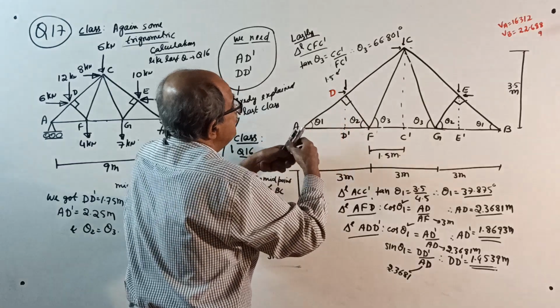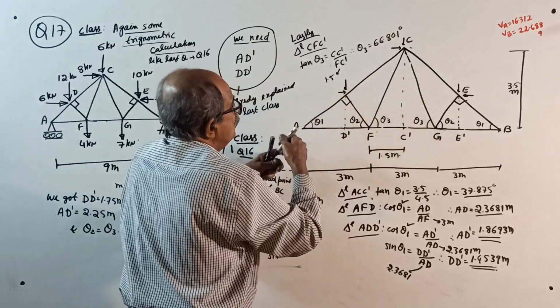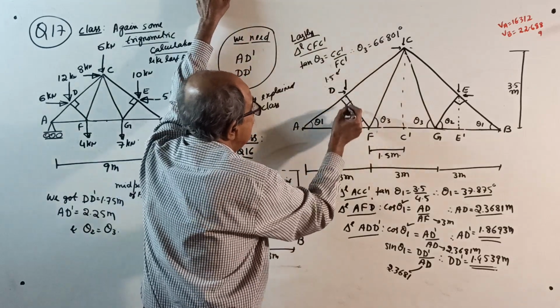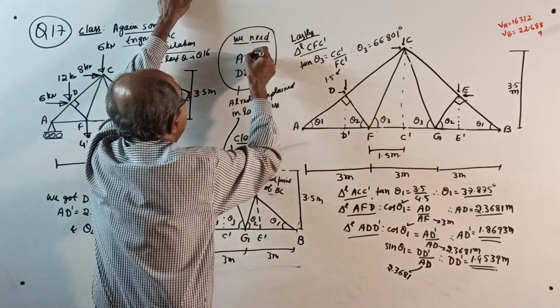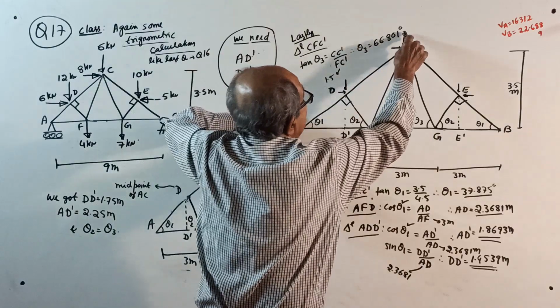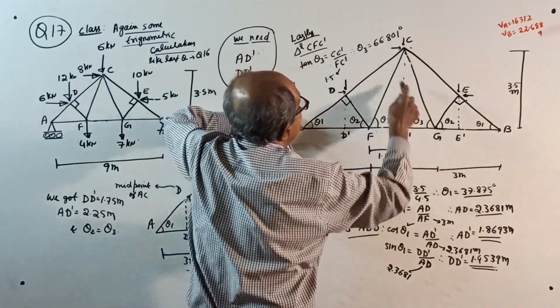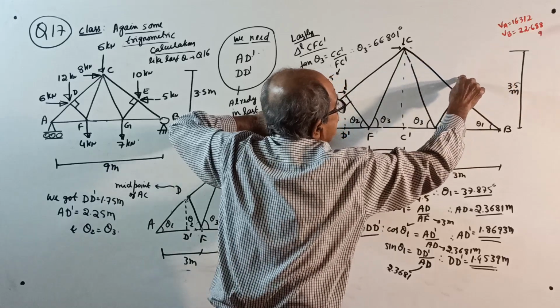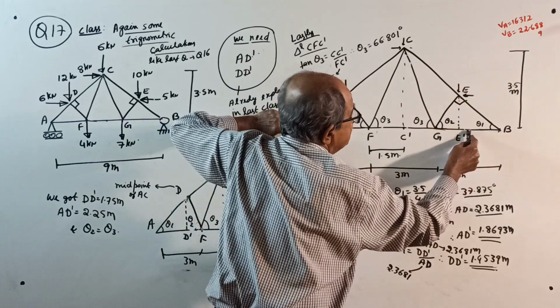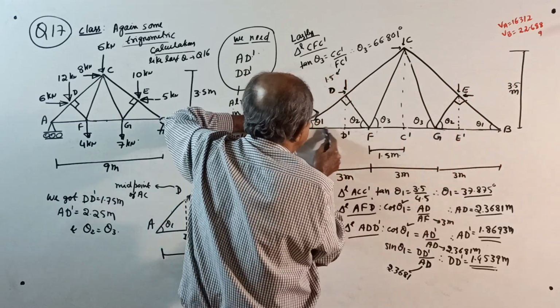Last time I told you, to find reactions you require AD dash and DD dash. AD dash was required in the last question. And this load into the midpoint, this into 3.5. This load into, if you take moment about this point, the total length minus this distance. This distance is this distance only.